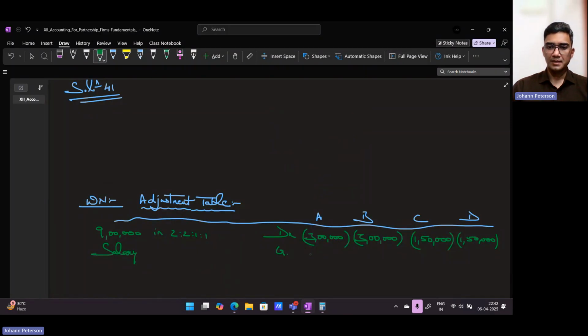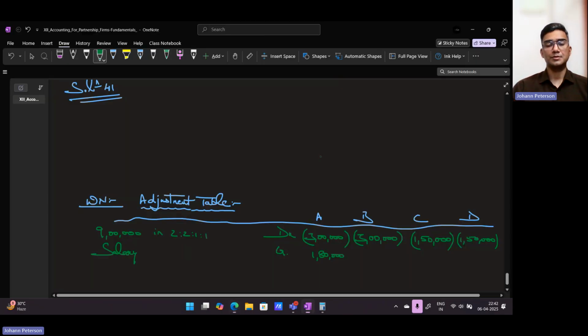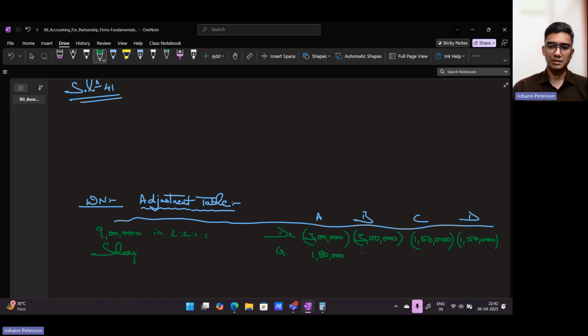So for the year, it's going to be 15 into 12, which is 180. Let's see. B and D at 30,000 per quarter to each partner. So B and D at per quarter 30,000, and there are 4 quarters. So they'll get a total of 30 into 4, which is 120. C doesn't get, D gets 120.